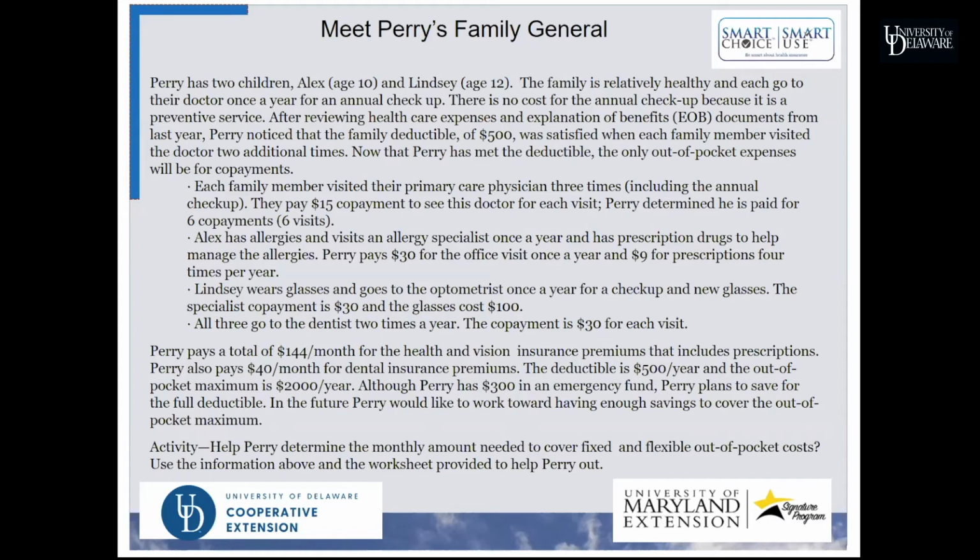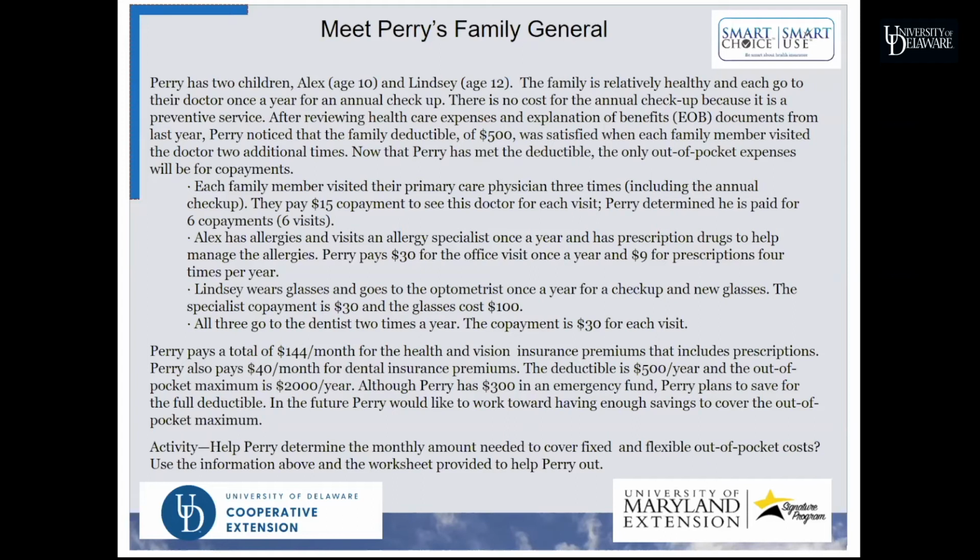Lindsay wears glasses and goes to the optometrist once a year for a checkup and new glasses, and the specialist copayment is $30 and the glasses cost $100. All 3 go to the dentist 2 times a year, and that copay is $30 for each visit. So Perry pays a total of $144 a month for the health and vision insurance premiums and also the prescription drugs.